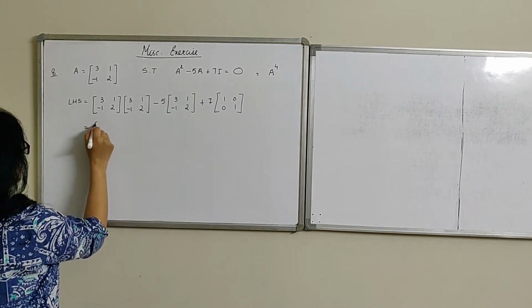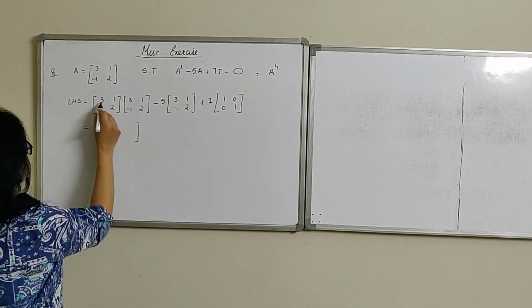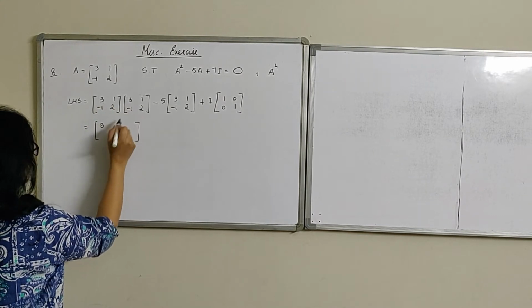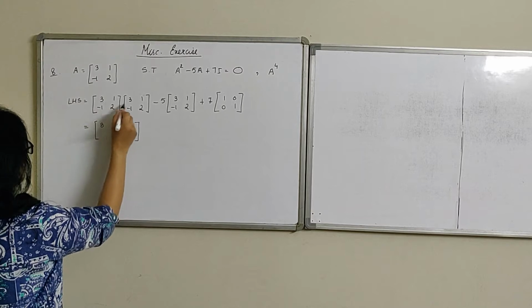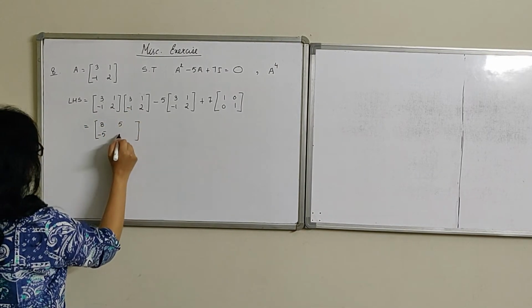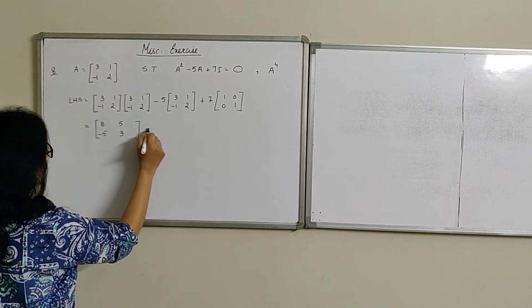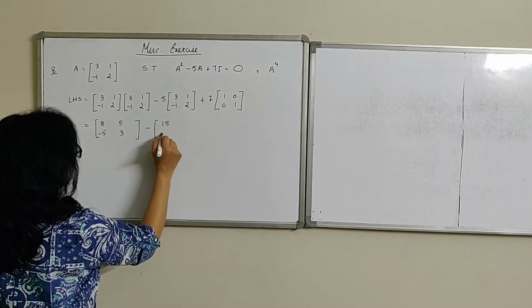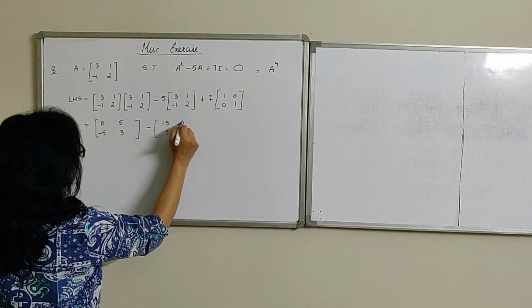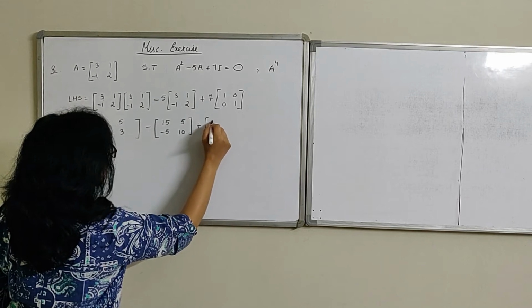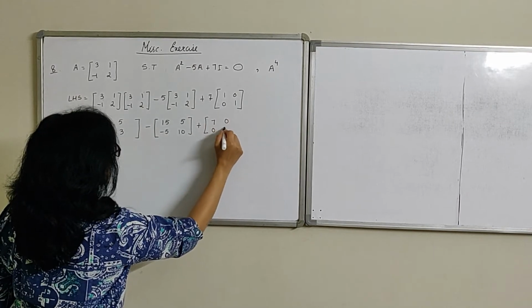So performing this multiplication, we get 9 minus 1, 8, 3 plus 2, 5, minus 3 minus 2, minus 5, minus 1 plus 4, 3, minus, performing the scalar multiplication, 15 minus 5, 5, 10, and over here we have this matrix.